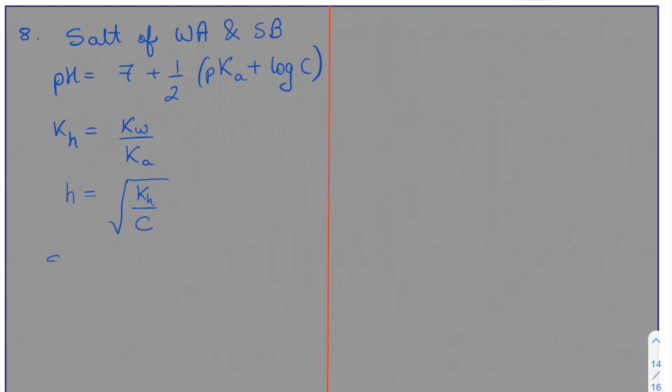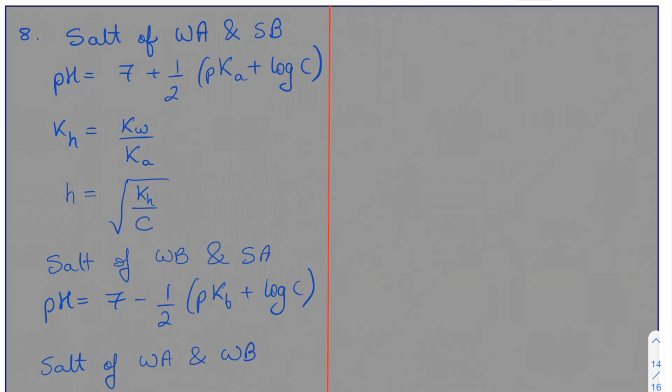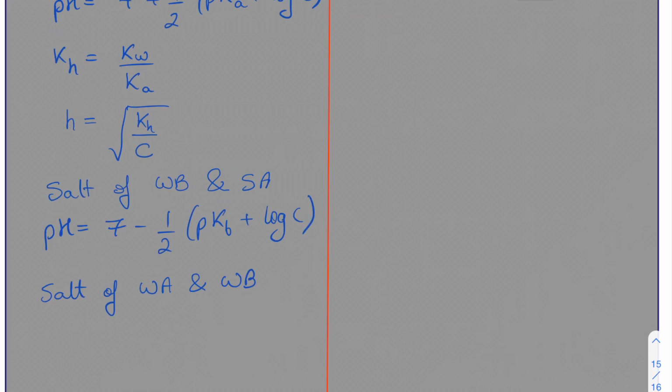Now moving on to the salt of weak base and strong acid. Since it's a strong acid, the formula of pH becomes 7 minus half of (pKb plus log C). Salt of weak acid and weak base. You'll have to be very careful to identify or distinguish between buffers and these sums.